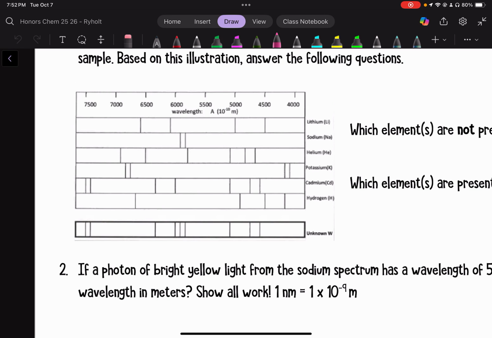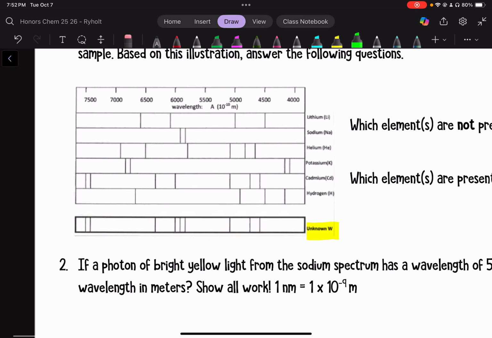The first thing you need to do when you're looking at these is try to eliminate elements that have lines at wavelengths that are not present in our specific sample. This is our sample down here. Because there are so many, it almost makes sense to work our way backward.